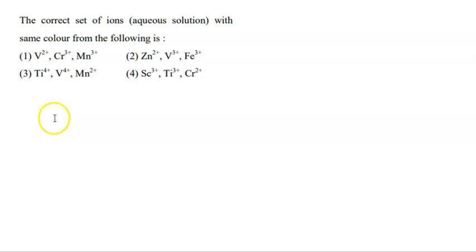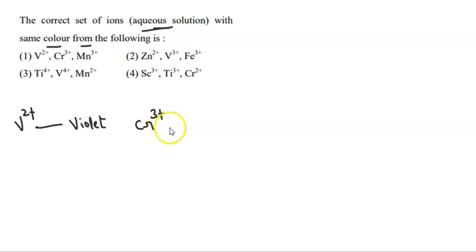The question from the d and f block elements. Here the question is: the correct set of aqueous solutions with the same color from the following is. So we have to identify the ions with the same color. We know that V2+ having unpaired electrons has violet color, and Cr3+ is also having violet color.